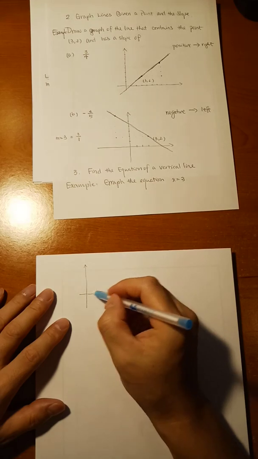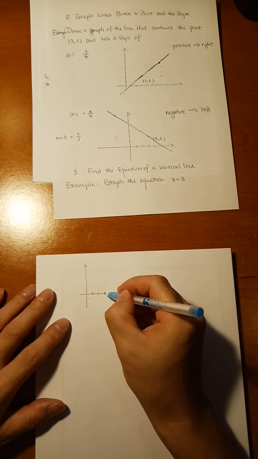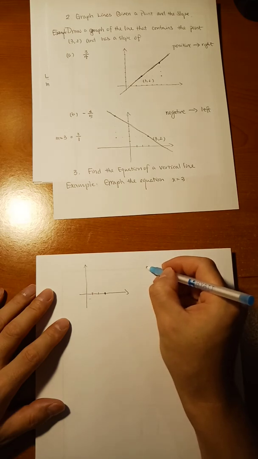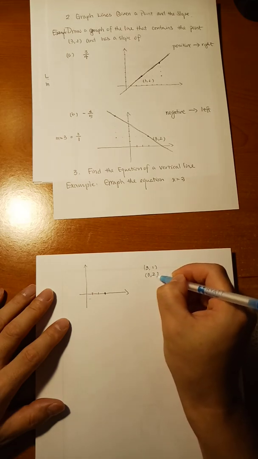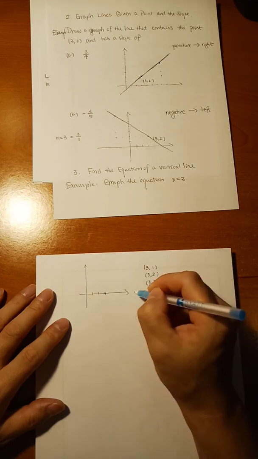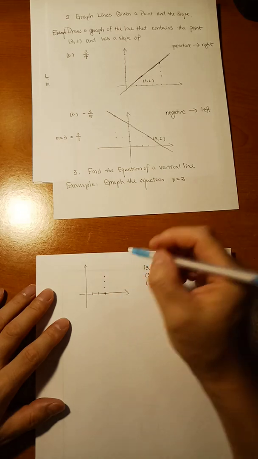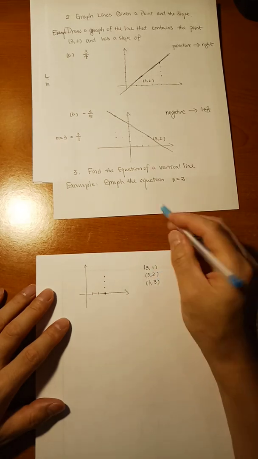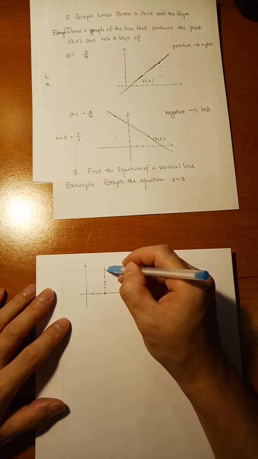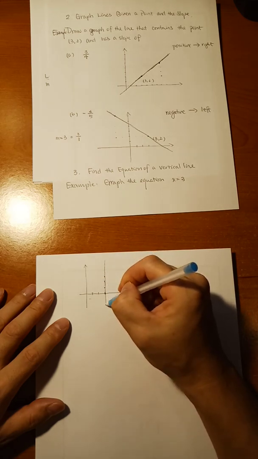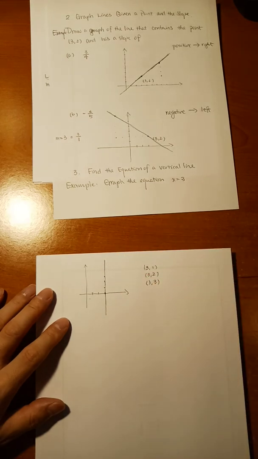Okay, so you get x equal to 3. Then x equal to 3, y can be 1; x equal to 3, y can be 2; x equal to 3, y can be 4. So you just let y be whatever number you want. X is always 3. This equation requires x to be 3. And once you have sufficiently many plotting points, then you will see it is a vertical line.